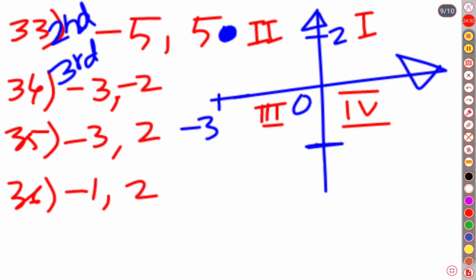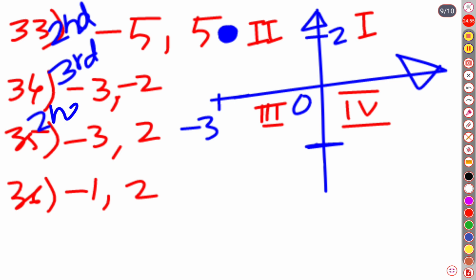So for this point, what is the quadrant? Remember, we don't need to find a distance between the points or any other information. We require only to mention the number of quadrant, so we will just write the name of the quadrant. So this is also second quadrant.